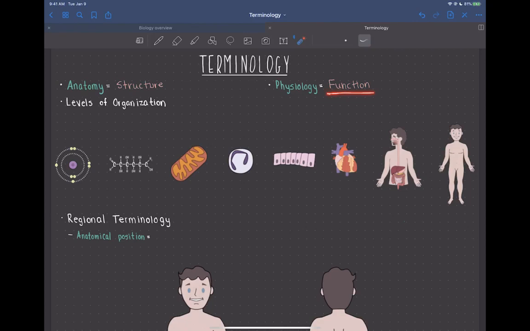And then when there's problems in the heart, right, it's not functioning properly, you need to understand that structure in order to be able to understand what's going wrong and be able to intervene. Okay, so it's really important to understand both things and that they are intertwined, right? They're related to each other. Okay, so that's anatomy and physiology, structure and function.